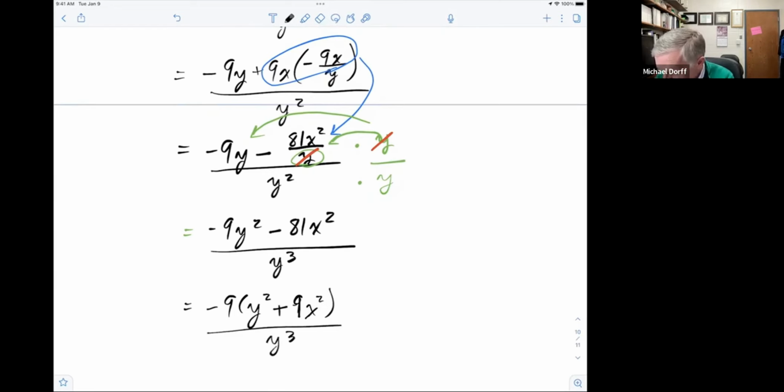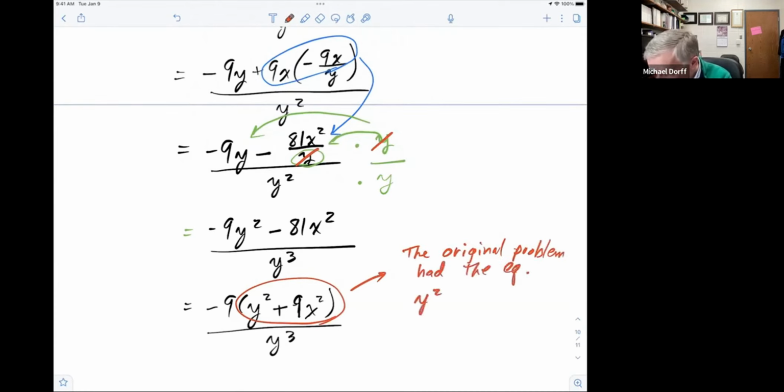Does this look familiar? This was the original equation, y squared plus 9x squared equals, what was it? I think it was 9. Let me check my notes. Yep, it was 9. So we're going to substitute 9 in here.